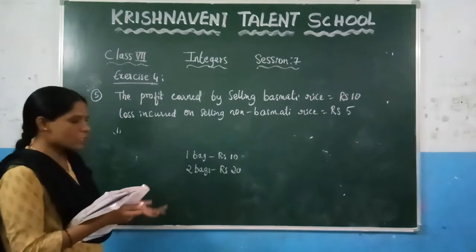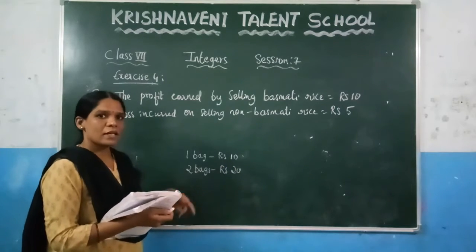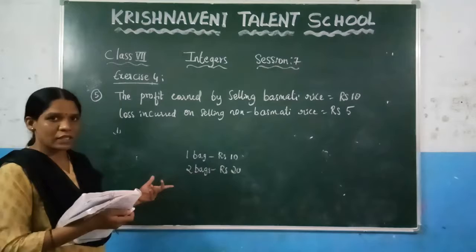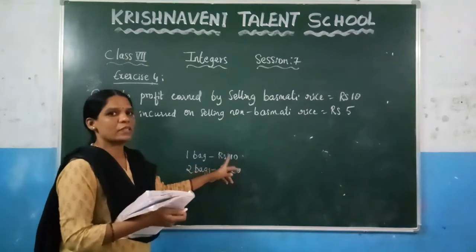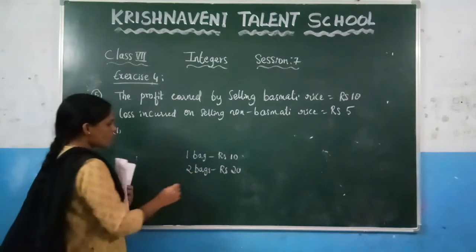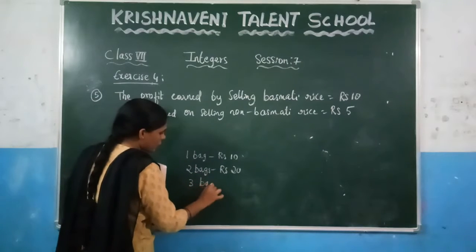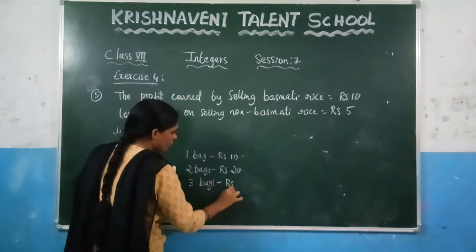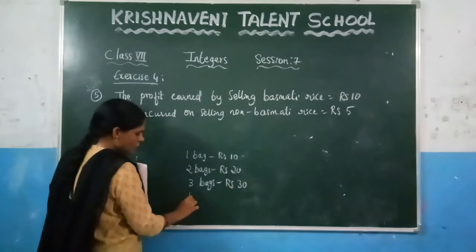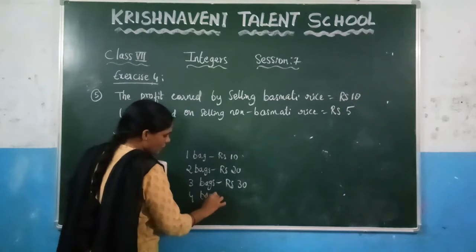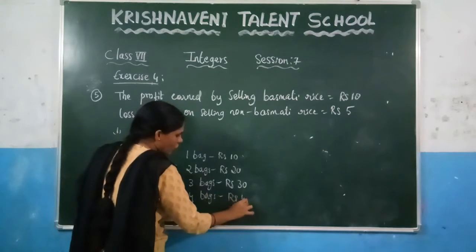If he sells 3 bags, he will get 30 rupees. That means we are multiplying this number by that many bags. If he sells 4 bags of basmati rice, then he will get a profit of 40 rupees.